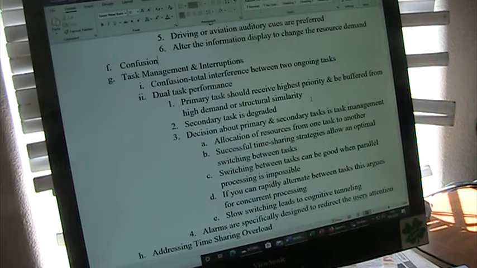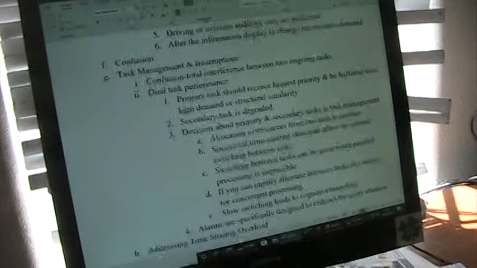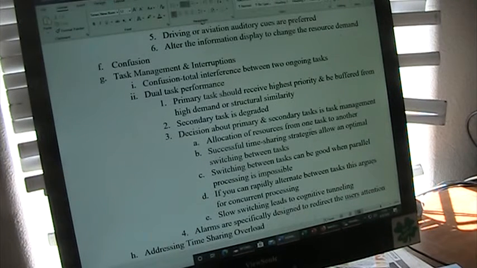When we are doing a dual task of this nature, the secondary task is necessarily degraded. Our decision about which is the primary and which is the secondary task is our task management. In that, we're going to have allocation of resources to one task or another.